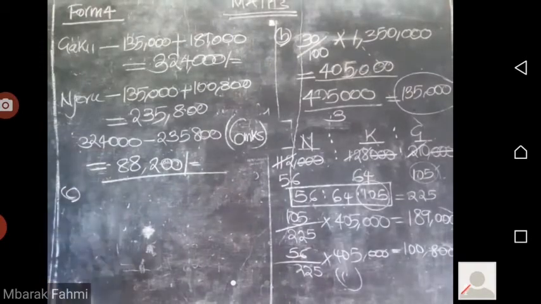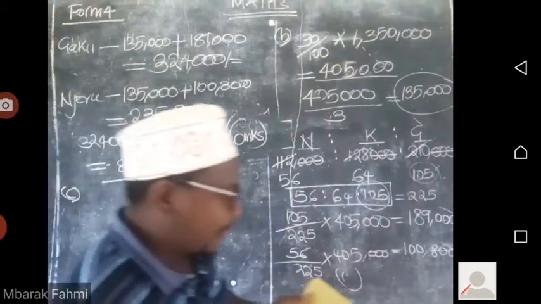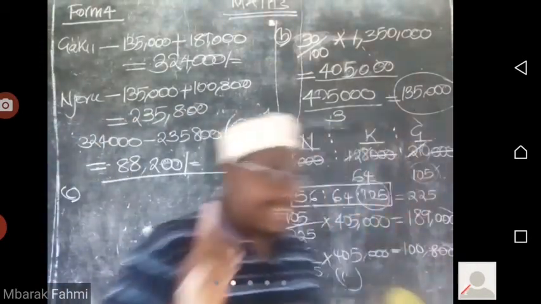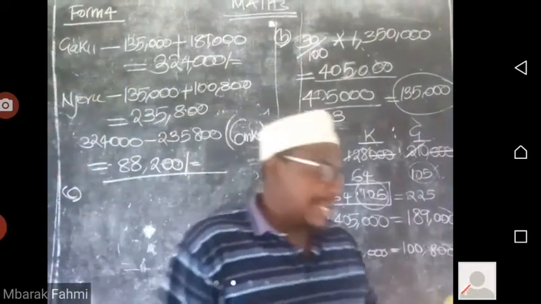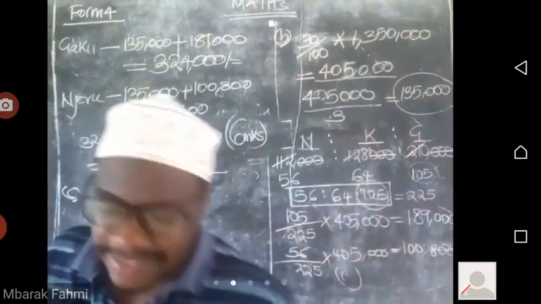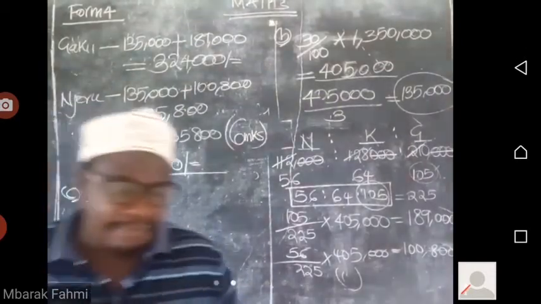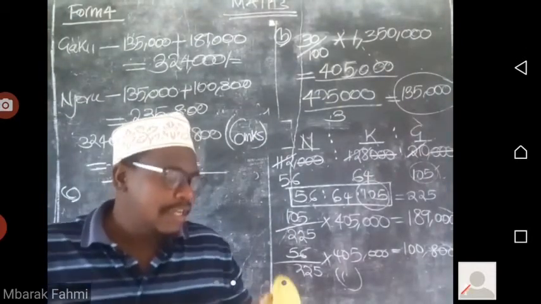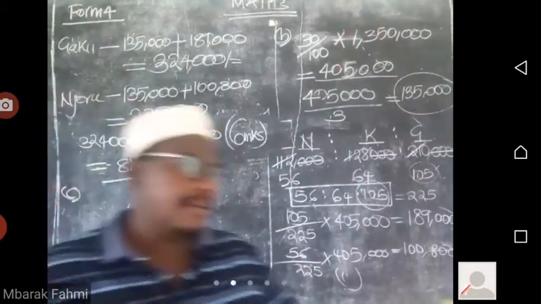The last part, part C, you are told to express Karim's share as a percentage of the total amount of money shared between the 3 partners.